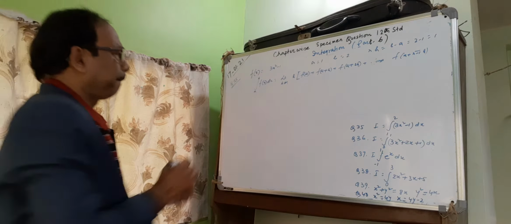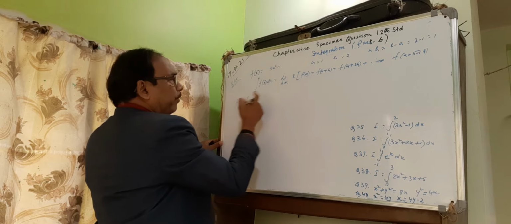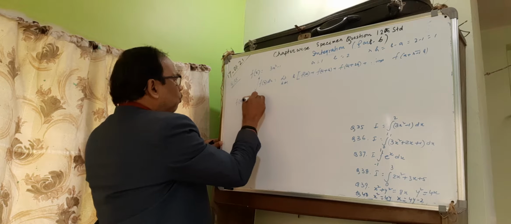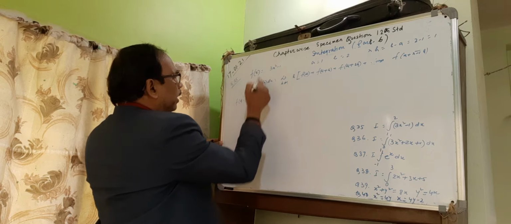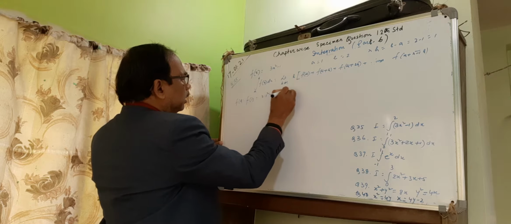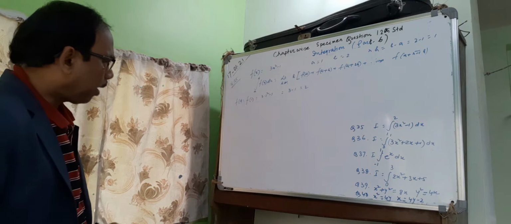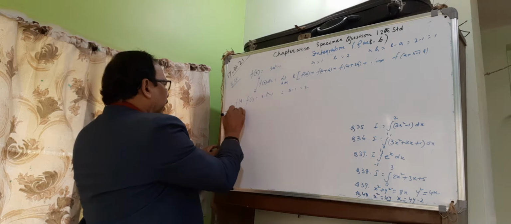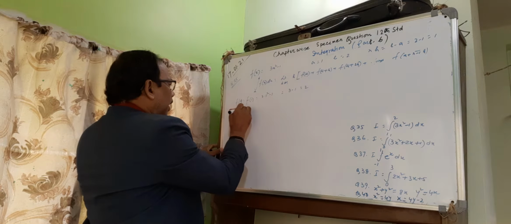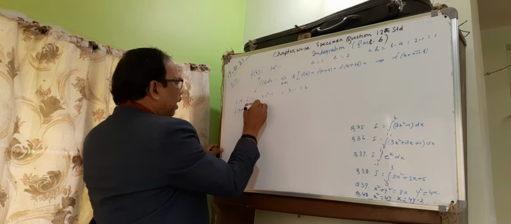Here f(a) equals f(1). Put it here: 3 into 1 square minus 1 equals 3 minus 1 equals 2. So f(1) is 2. f(a plus h) equals f(1 plus h).